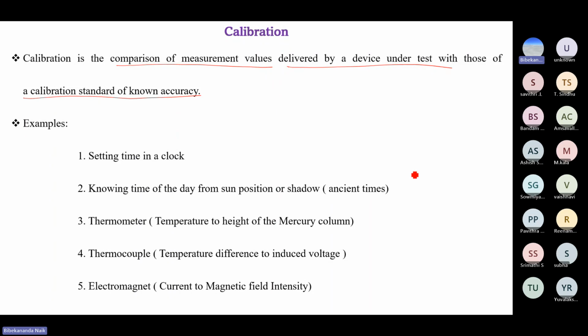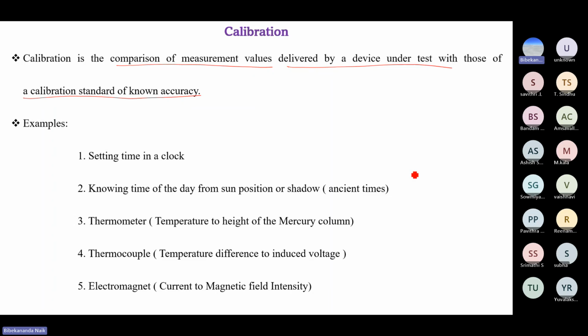Similarly, in the case of a thermocouple, we will be discussing it in more detail after some time. But in a thermocouple, there are two dissimilar wires and they have two junctions. One junction is kept at a higher temperature, and another junction is kept at a low temperature. The end which is kept at a known or lower temperature is known as the reference temperature, and the temperature which is high is called the measurement temperature.